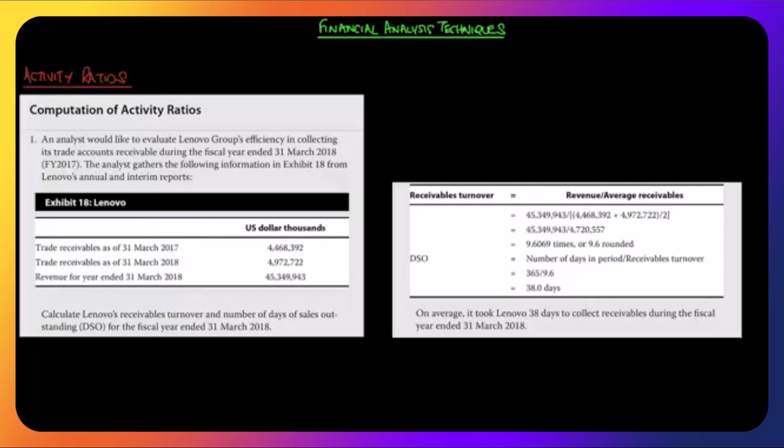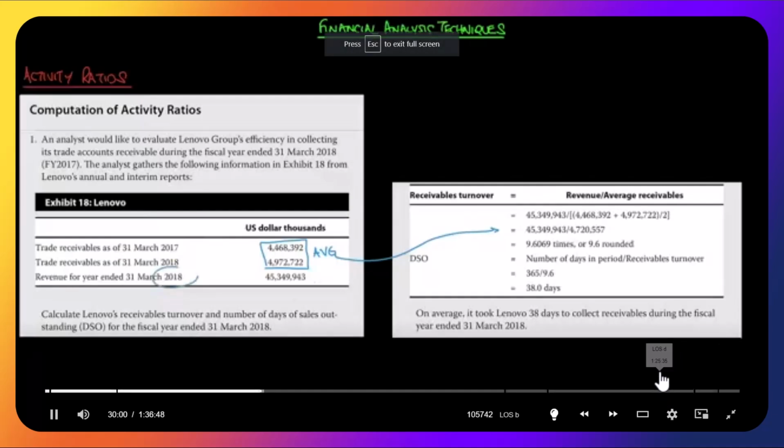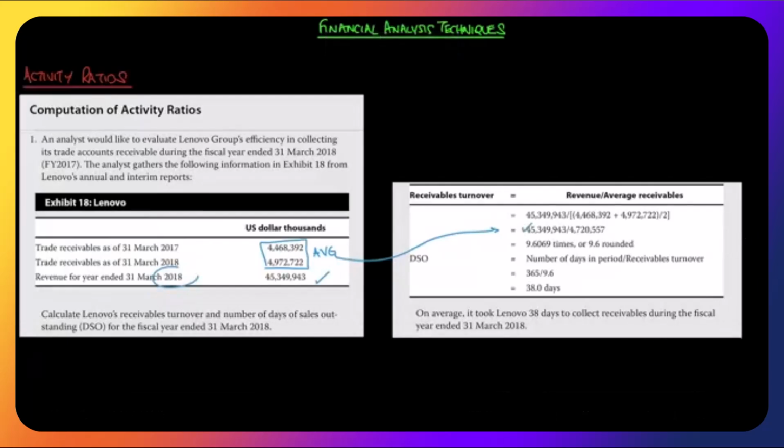Analyst gathers the following information. We have trade receivables at 17 and 18. So there's your 2 balance sheet figures. We can take those and calculate an average, which we've done here. And we take revenue for the most recent year. There's my income statement, which we're going to use in here. And they use it to calculate days of sales outstanding.